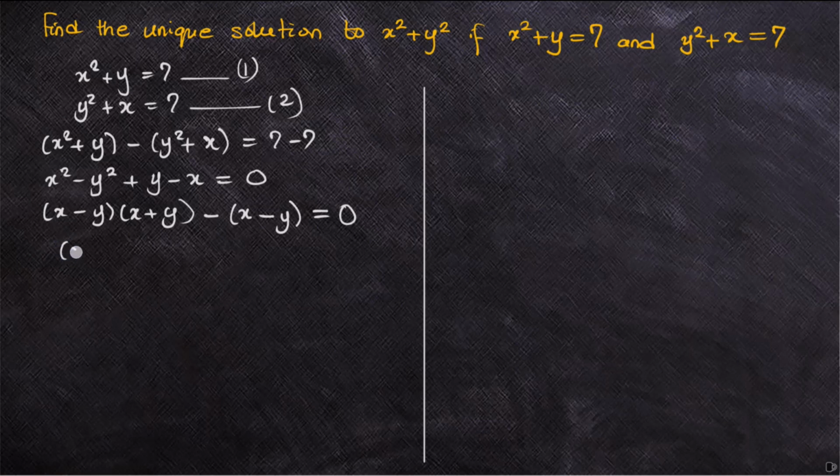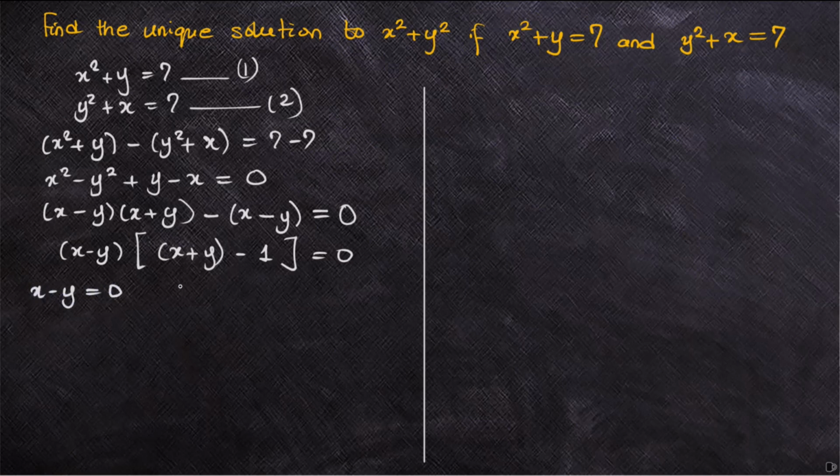Then I have x plus y remaining from the first term, minus 1 from the second term, is equal to 0. So here I'm having two solutions coming: either x minus y is 0, or for the second case I'm having x plus y minus 1 is equal to 0.